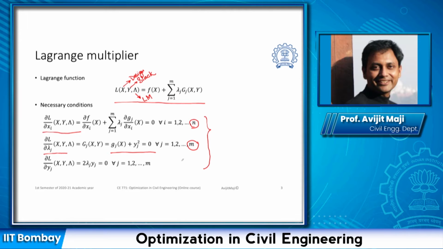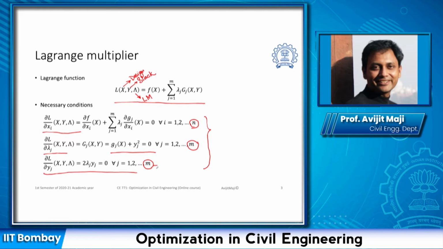The third set is represented by the partial derivative of the Lagrange function with respect to the slack variable, and it is going to look like this. Again, we have m slack variables, so the number of equations here is going to be m.